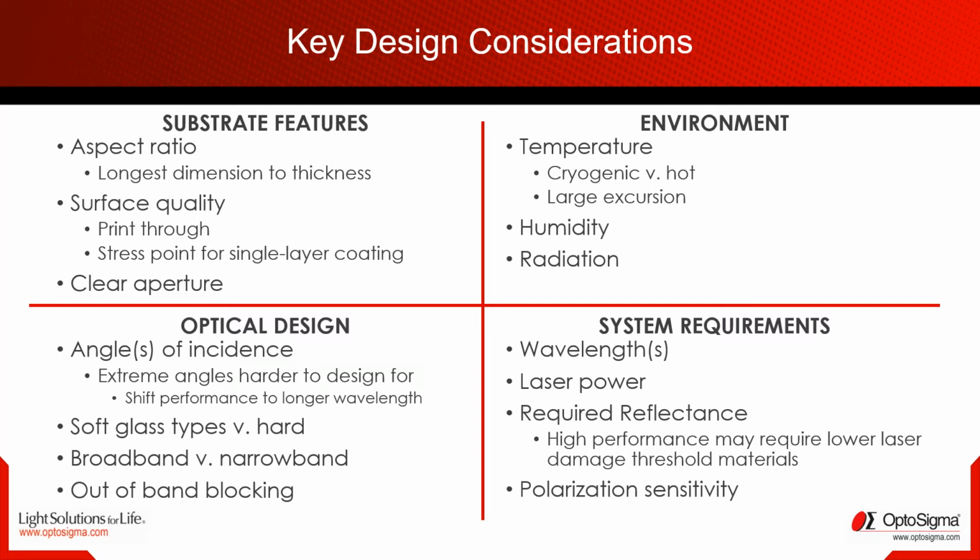Then there are also some materials that may not survive any given power density, and they would be avoided completely. And finally, the polarization state or purity that you need in the system needs to be considered also, to either maintain polarization or it may not be an issue at all and you can ignore it.